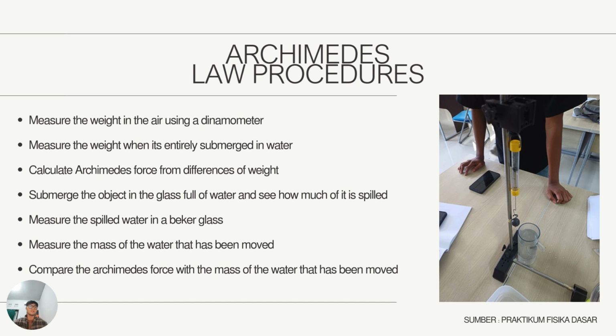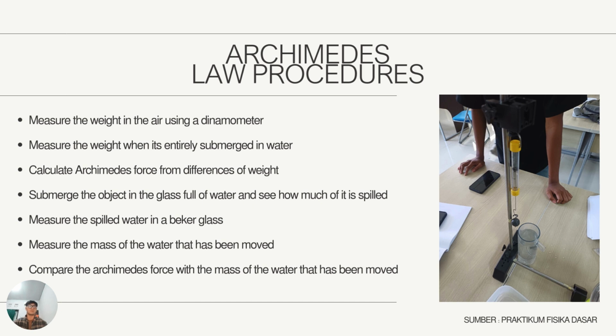Now, these are the Archimedes' law procedures. First, we measure the weight in the air using a dynamometer. We have some variation, which means we have four different weights, and we measure each in the air using the dynamometer, which reads in Newtons.